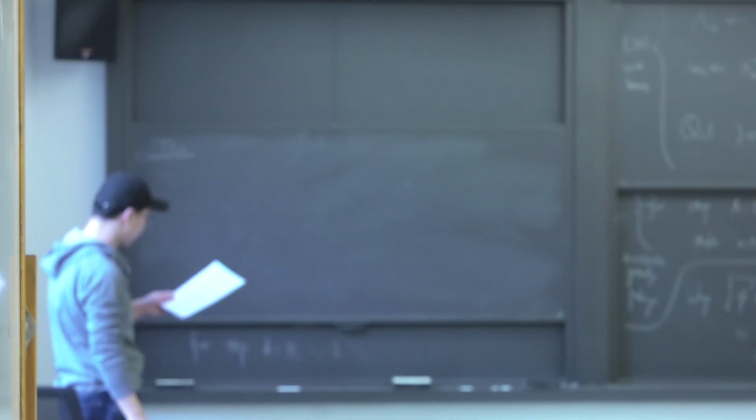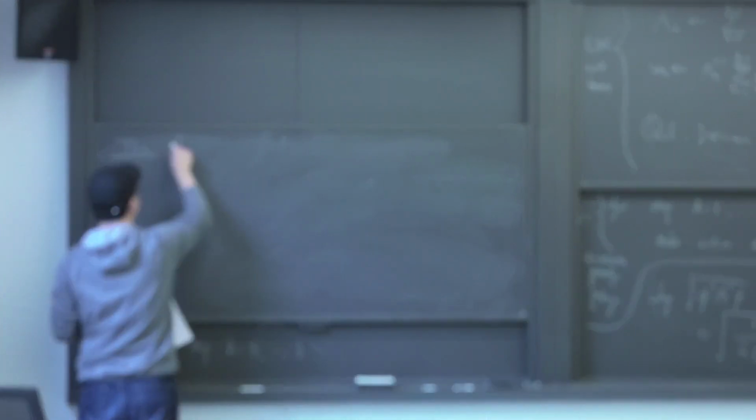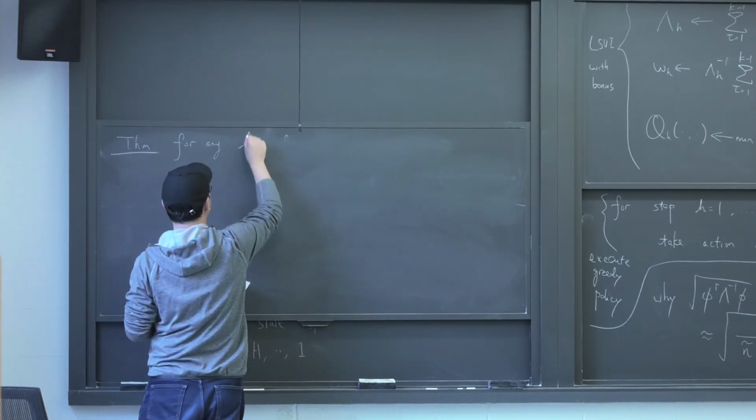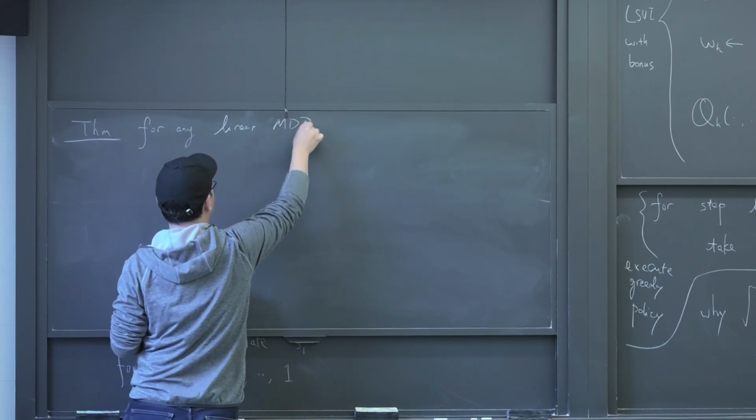So we'll directly talk about the guarantees for such an algorithm. For any linear MDP, again, we restrict ourselves to the model of linear MDP, which is still a bit restrictive, requiring both reward and transition to be linear.